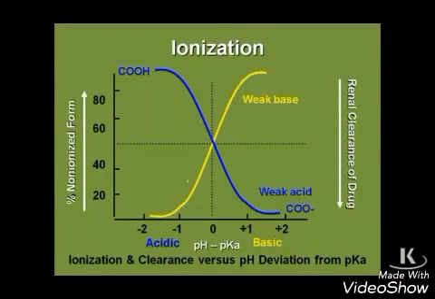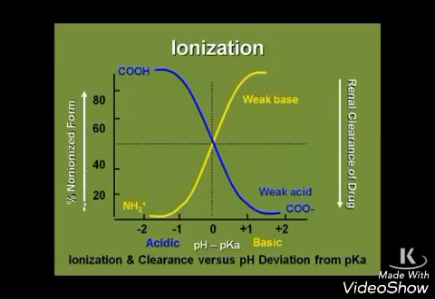You can also do the same thing with the weak base. If you start on the left side here, label the form of the weak base that exists in this particular environment. The form that's going to exist there, the NH3 plus form, or the BH plus if you'd prefer. Notice that you're still going to attach the hydrogen in an acidic environment, and that's going to be the ionized form.